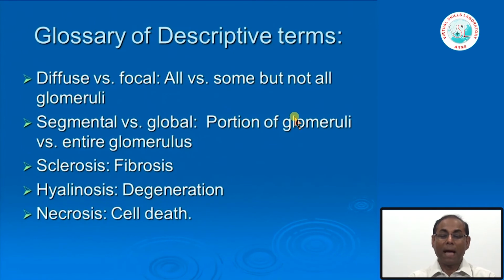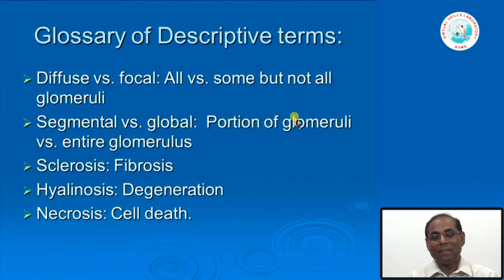Before we enter into that, there is certain other terminology we have to be very clear about. Usually when we use the term glomerulonephritis, we call it diffuse glomerulonephritis or focal glomerulonephritis. What is the meaning of diffuse and focal? Diffuse means all, and focal means some but not all. Now the issue is, what is the percentage?